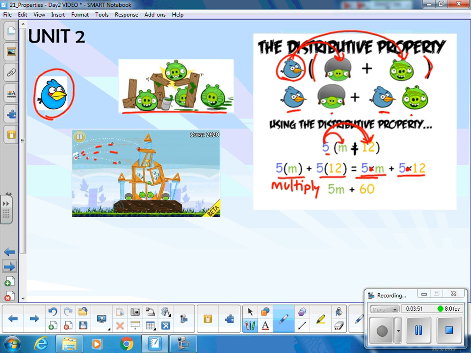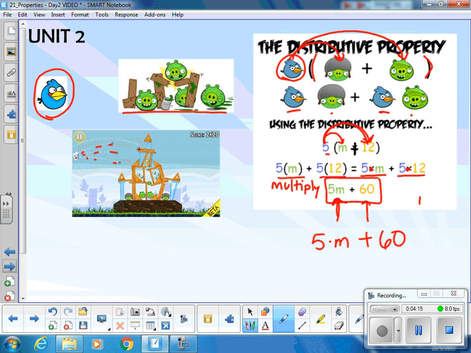And that can further be simplified. We can just write 5 and m together using a coefficient variable, and then we can do 5 times 12, which is 60. Now, once I get there, I cannot combine anymore because this right here means that I'm multiplying by 5 times m, and then I'm adding 60.